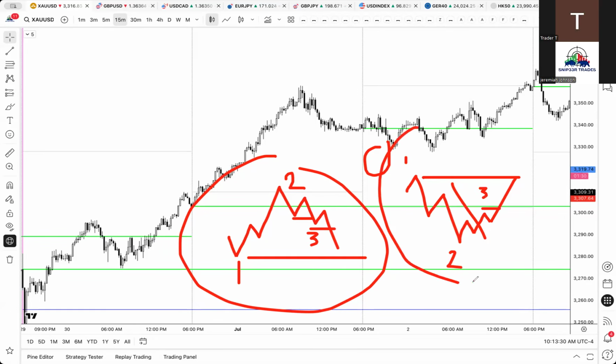Entering the same setup, not just entering three, four, five different trades, five different scenarios that all look different and behave differently. Same setup, same pattern, same entry.